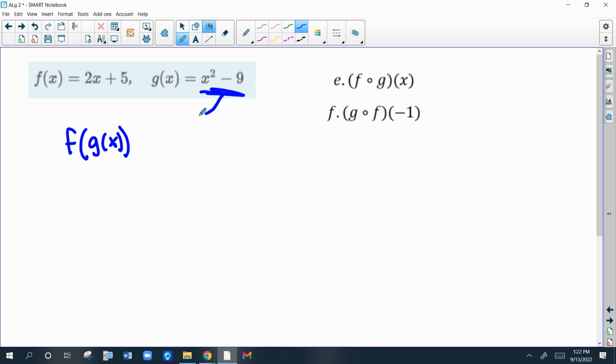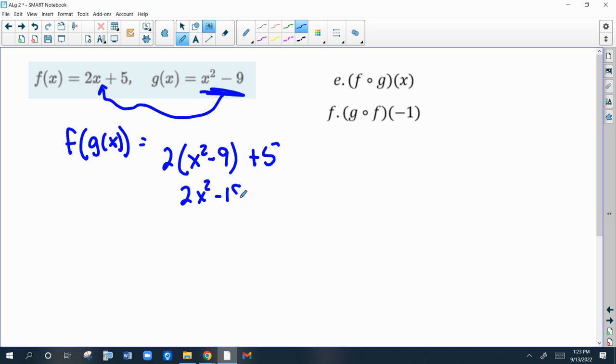You plug it into f, make sure you hit all the x's. This only has 1. So the x squared minus 9 goes in for this x. So we have 2 times the x squared minus 9. That replaced the x, and we still have plus 5. So distribute that 2, and now we have like terms, negative 18 plus 5, which is negative 13, and that is it.